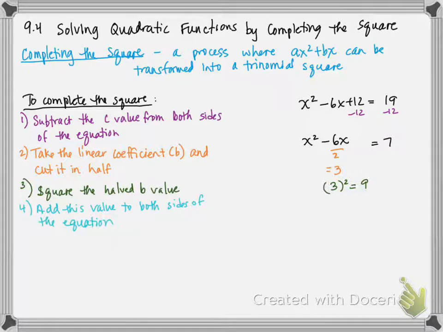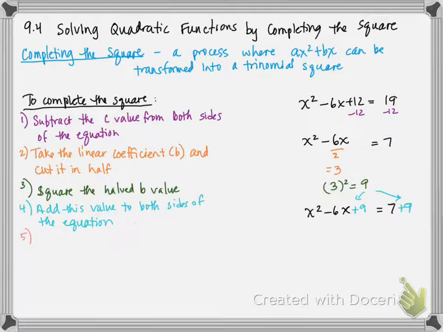So remember, our equation looks like x squared minus 6x equals 7, and we are going to add 9 to both sides.